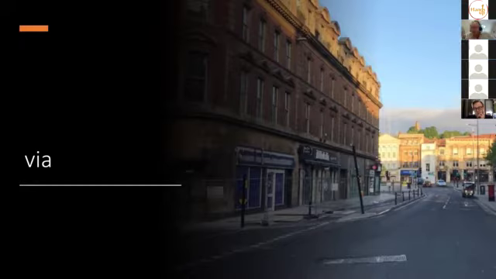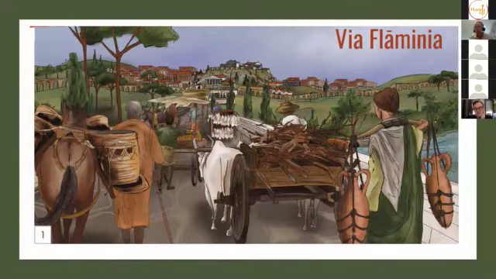With many of our students, if we said via means a street or a road, they might think of something like this. This is an image they might have in their heads if we talk to them about a road. But perhaps we want them to have this image associated with via.